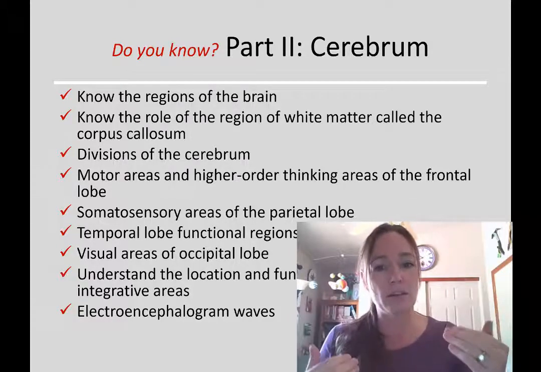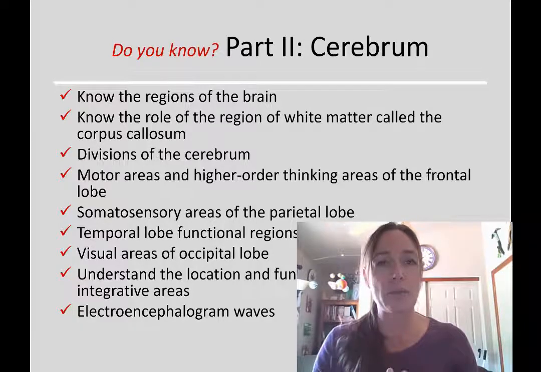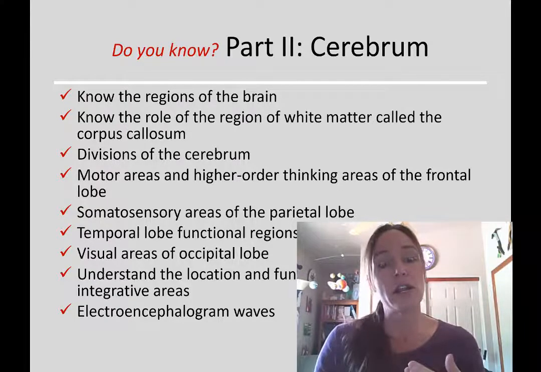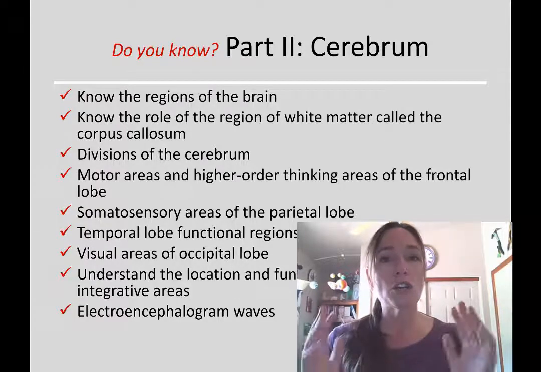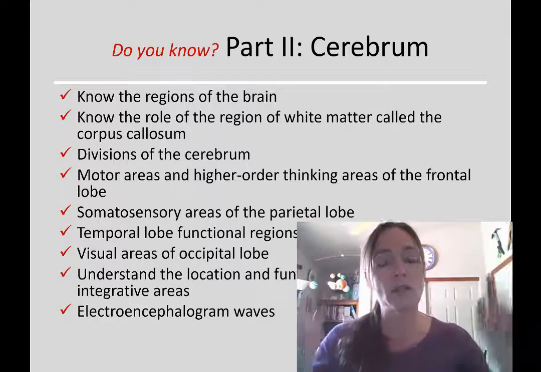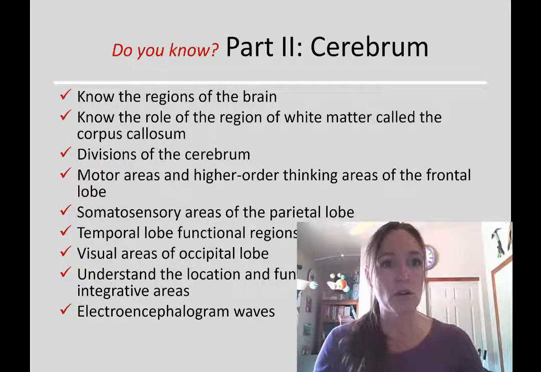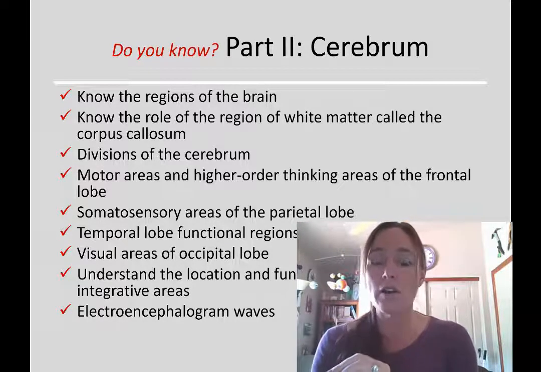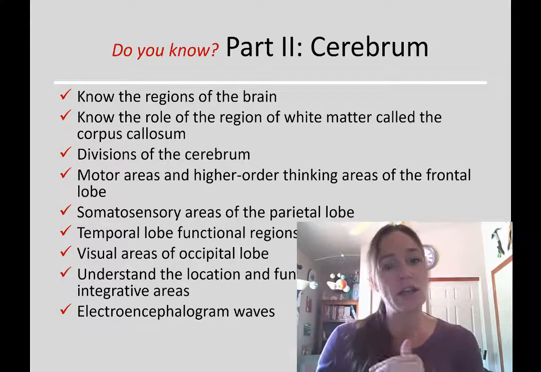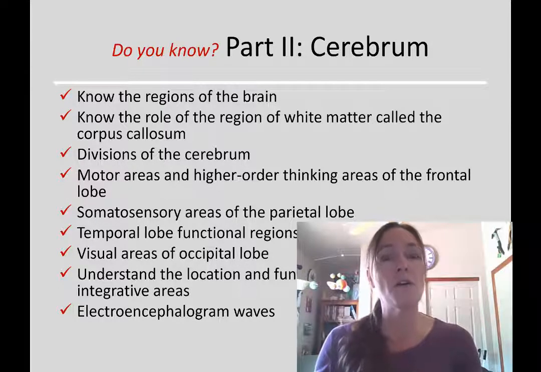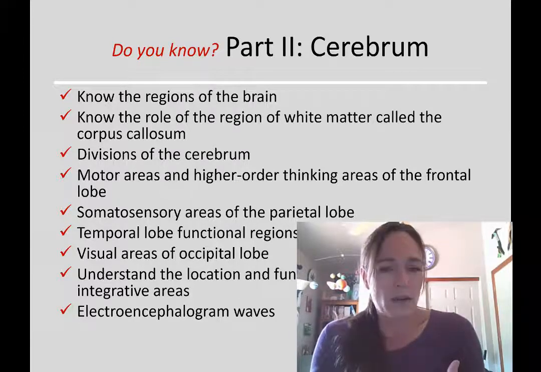Right adjacent to it in the parietal lobe is the somatosensory association area. Now, an association area is where we're interpreting it. So as this information comes out to the primary somatosensory cortex to tell us the part of our body, the type of sensations that part of the body is feeling, then it's that somatosensory association area that's going to figure out what is going on.